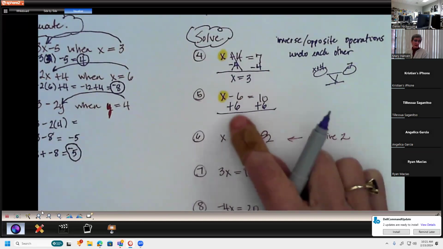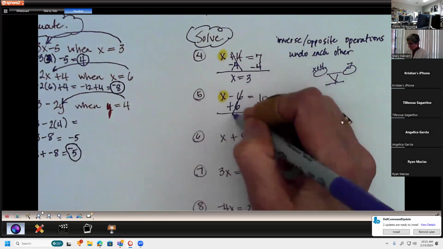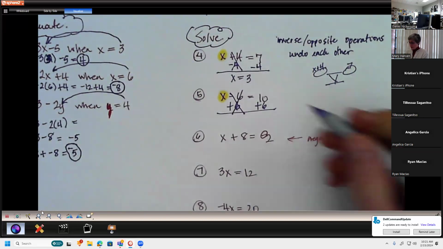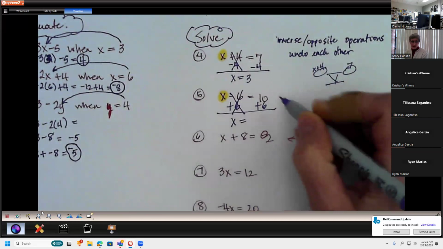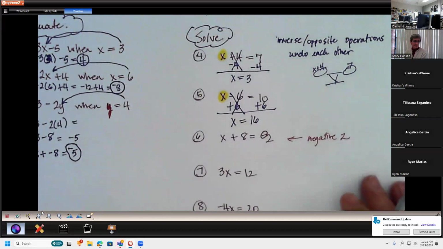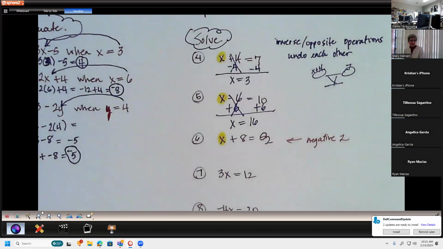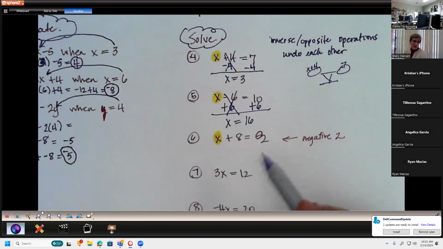Minus 6 is with the X, so we do the opposite. We add 6. Minus 6 and plus 6 makes 0. X comes down, and 10 plus 6 is 16. We'll go do 4 through 6, and then I'll see if you've got any questions about any of those before we move to 7 to 9.